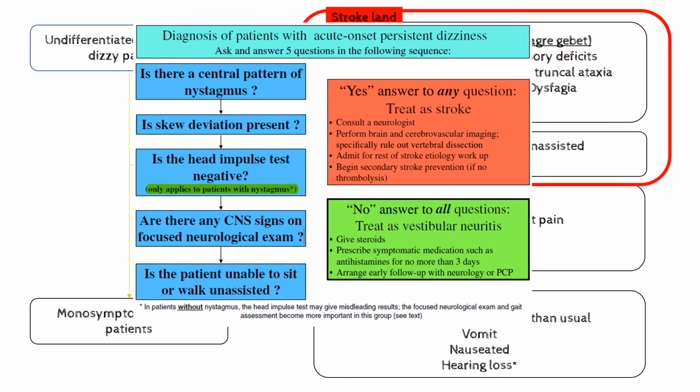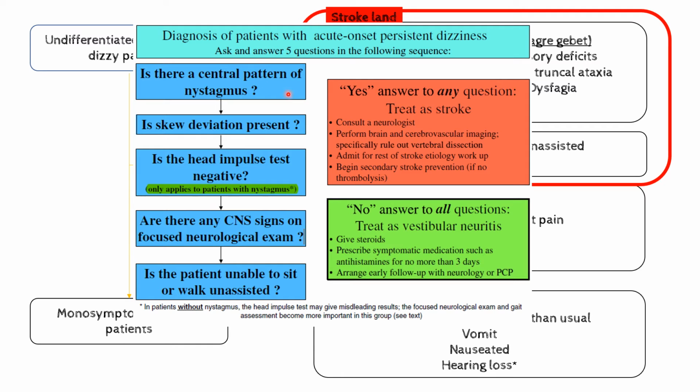Dr. Jonathan Etlow, who is one of the pioneers in this area the last couple of years, is an emergency physician in the United States, and in one of his articles from 2018, he made this algorithm for the acute onset dizziness patient. What he quickly wants you to do is a nystagmus test, a test of skew, and a head impulse test.